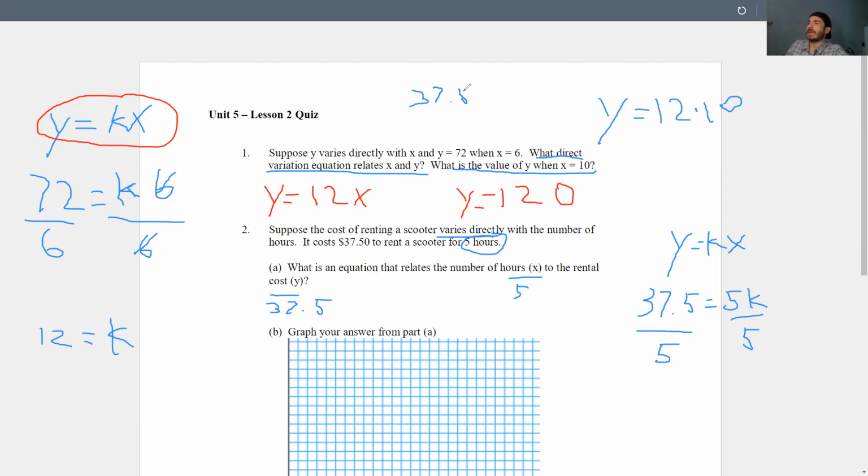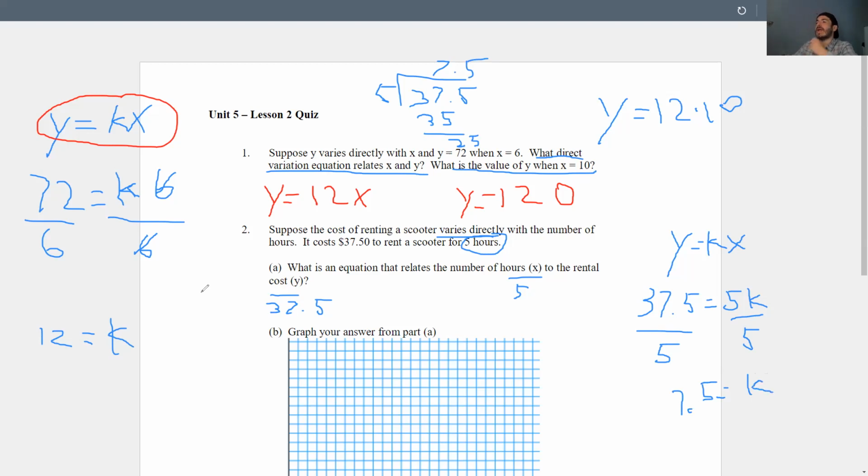I could always pull up a calculator, but why use a calculator when you know long division? Oh, but I was wrong. I'm glad I checked. 7.50. Okay, so K is equal to 7.50.